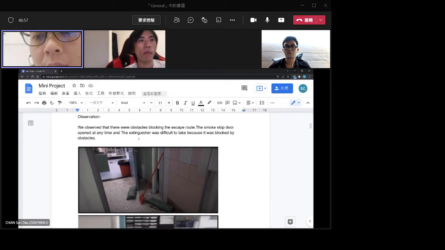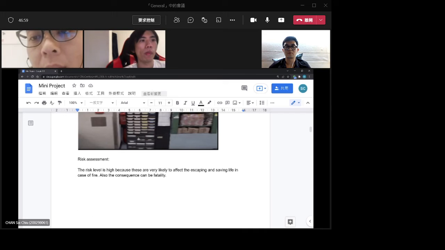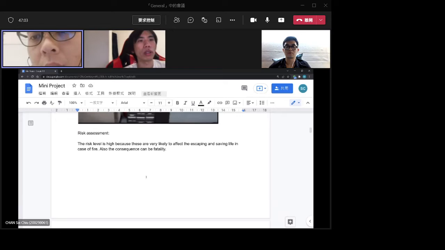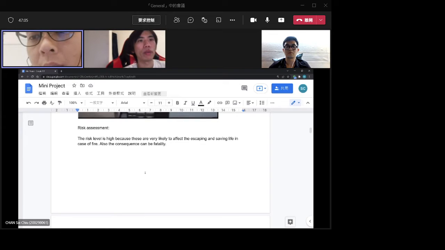Risk assessment. The risk level is high because it is very likely to affect saving lives in case of fire. Also, the consequence can be fatal.